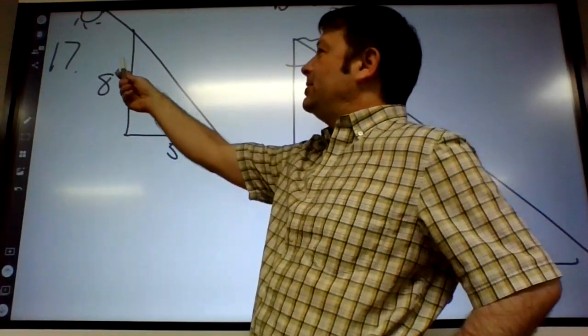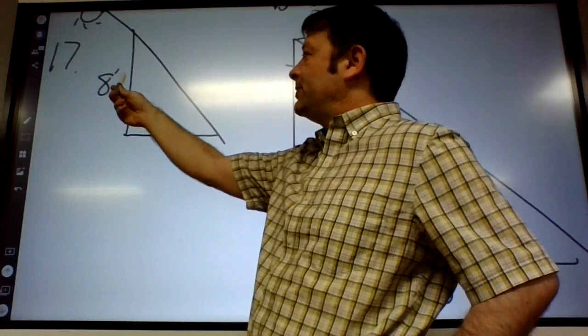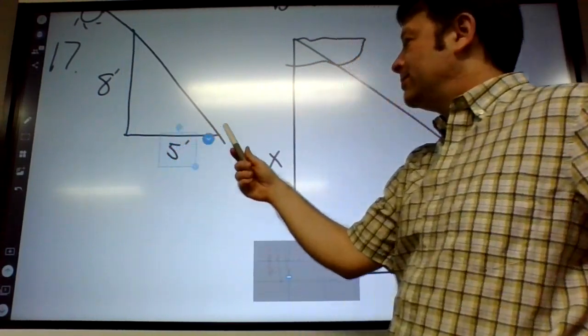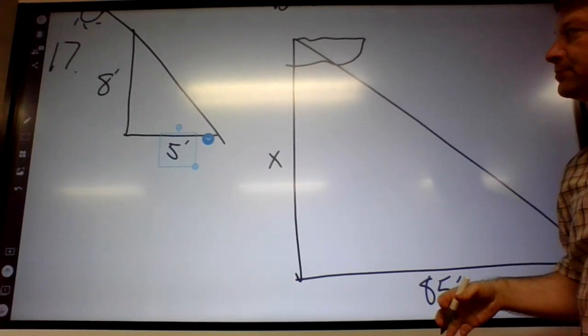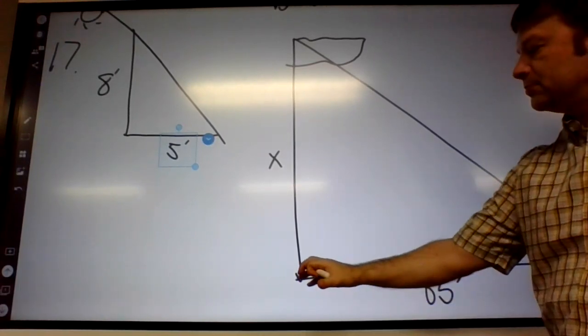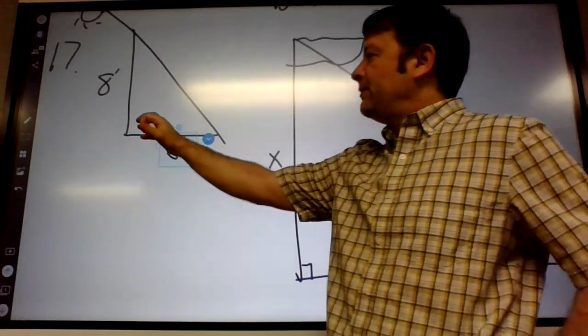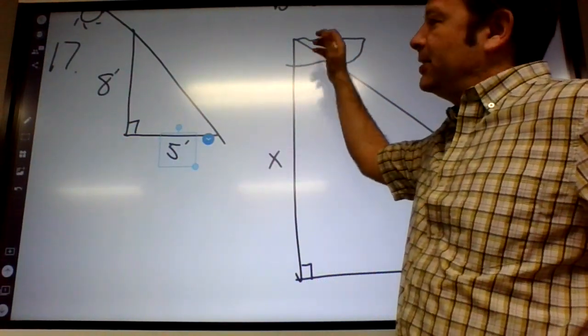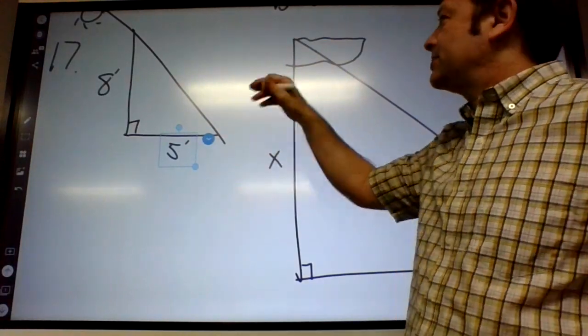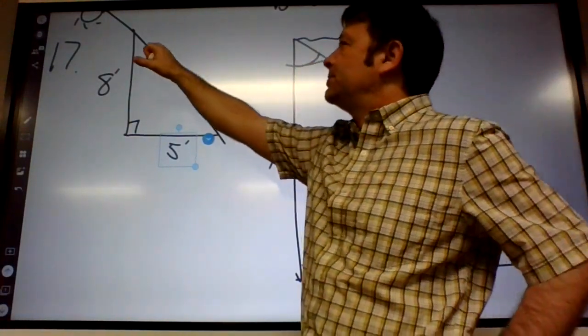We know the shorter pole is 8 feet, casting a 5-foot shadow. So how do we know these two triangles are similar? Do you guys know? They both have a right angle, and the sun is going to hit them at the same angle, so these two angles are the same.